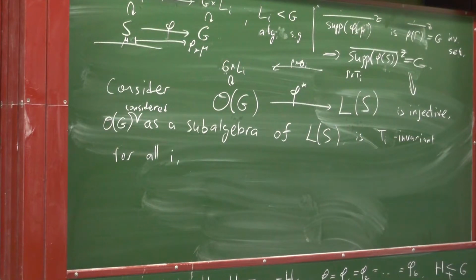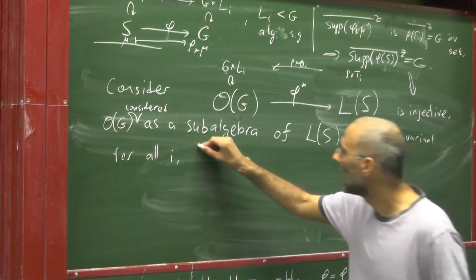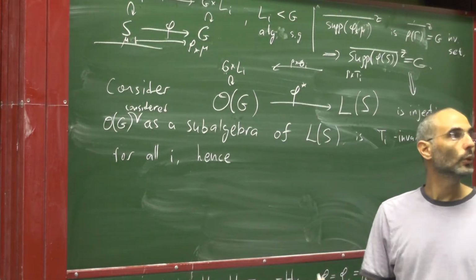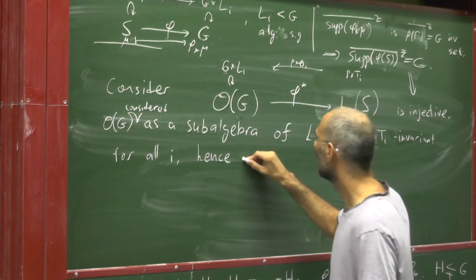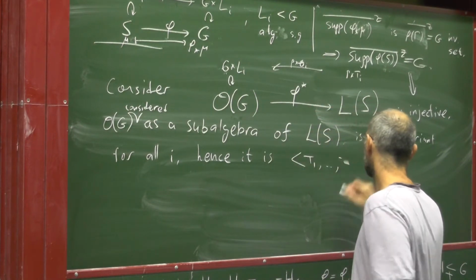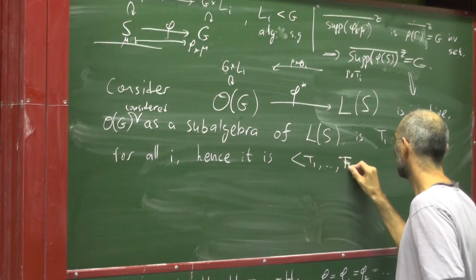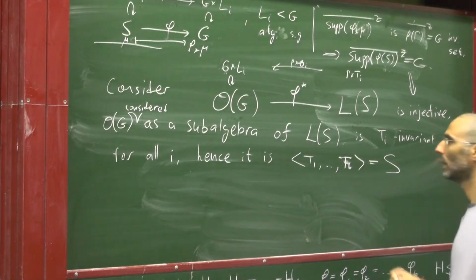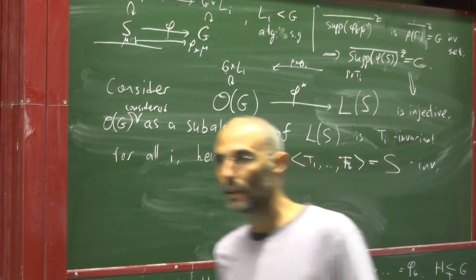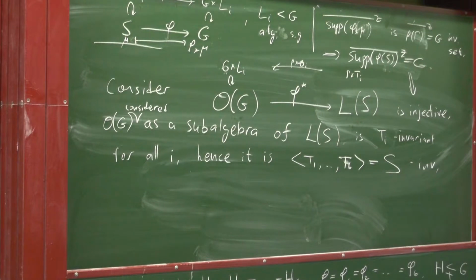Do you agree? Hence, now I can glue together all the actions. Hence it is invariant under the group generated by the T_i's, that is S. That algebra is S invariant.